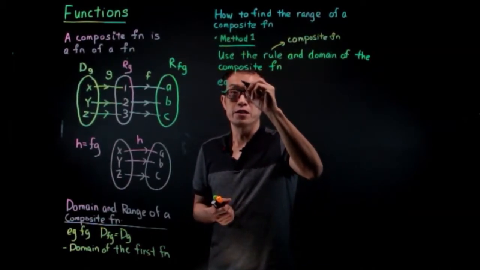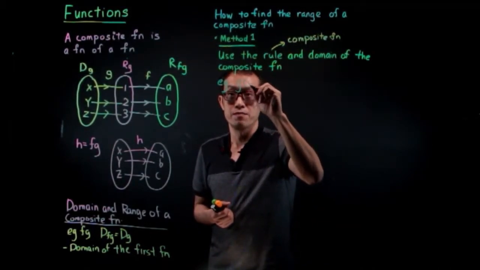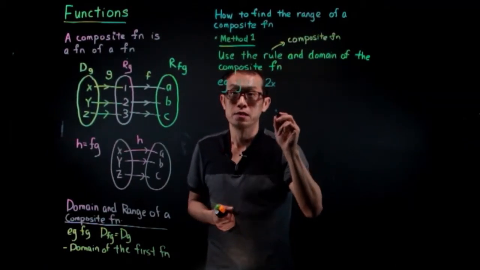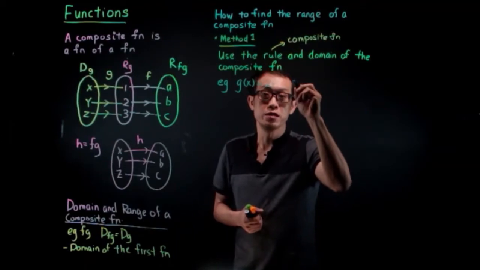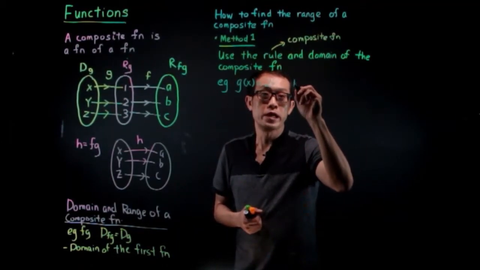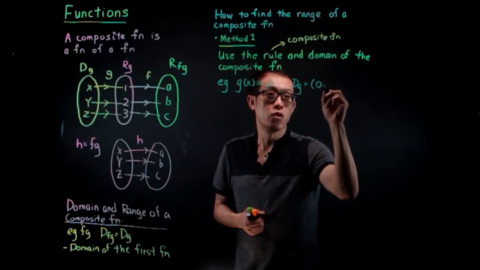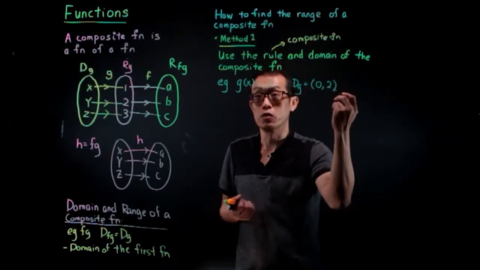Let's say I have a function called g of x, and that is equal to 2x. Now, what is the domain of g? The domain of g is between 0 and 2, non-inclusive.